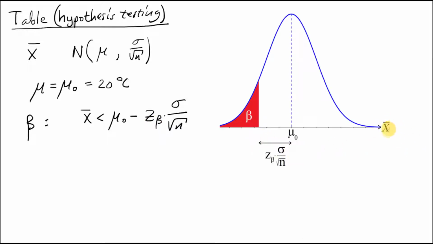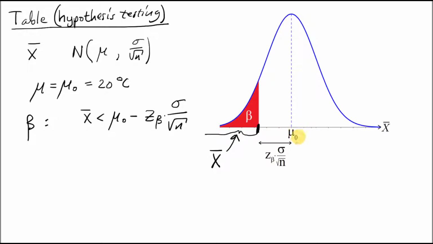Here we have the mean and here we have the expectation value. The probability of getting this red part is beta, and this point here is this one, since we are z beta standard deviations away from the center.